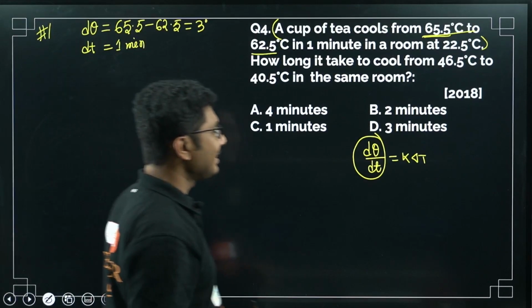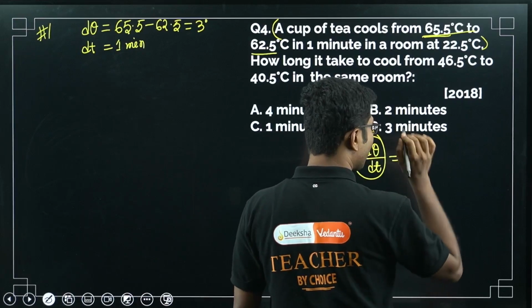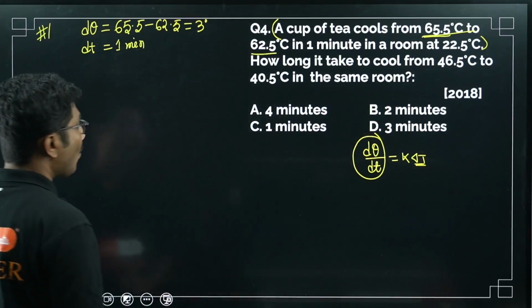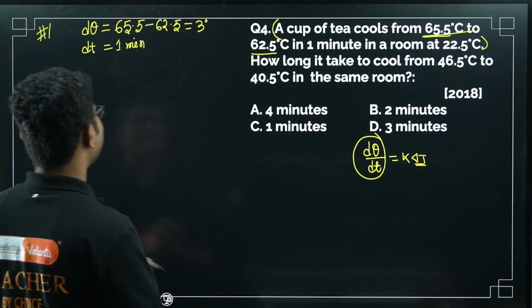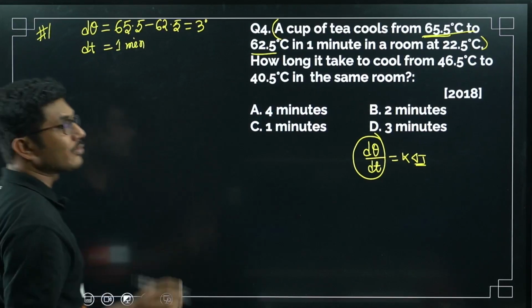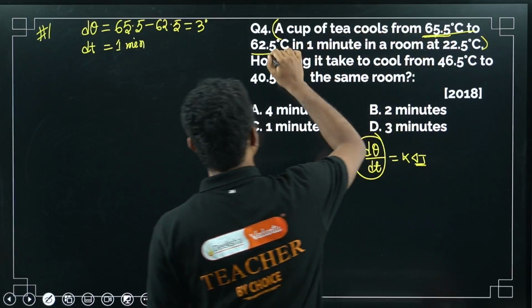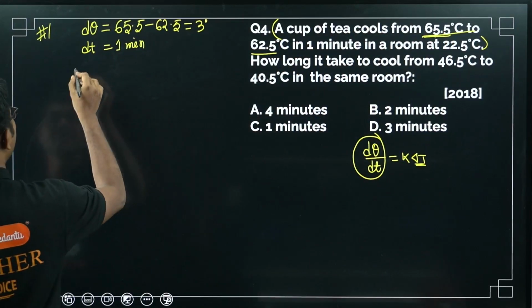Now what is delta T? K we don't know, K we have to find from the given information in case 1. What is delta T in this case? That is important. To find delta T, first we have to find the average of these two temperatures. What is the average temperature?